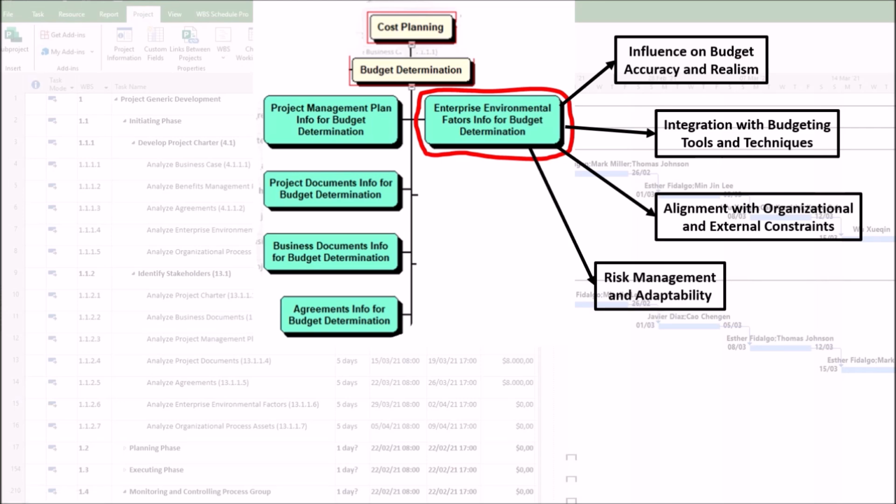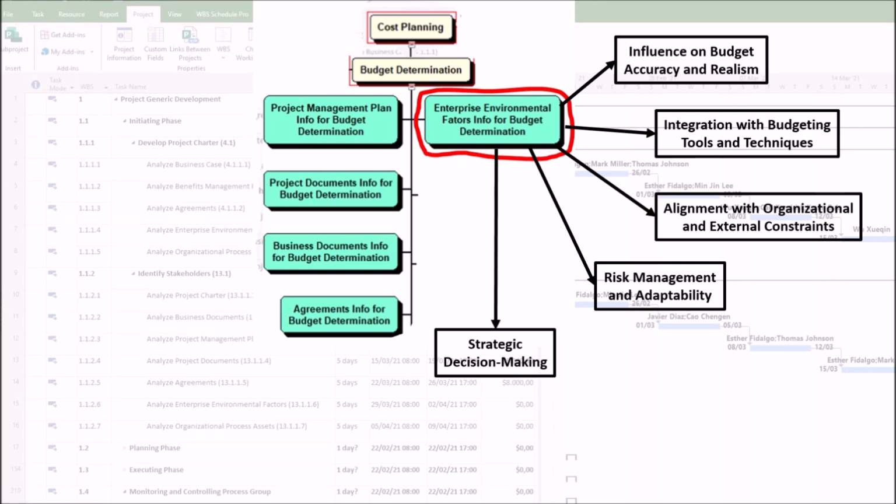4. Risk management and adaptability. Enterprise environmental factors like economic volatility or supply chain disruptions are often sources of risks documented in the risk register. Their inclusion in budgeting ensures, first, proactive mitigation, such as hedging against currency risks. Second, flexibility to adapt budgets as external conditions change. 5.